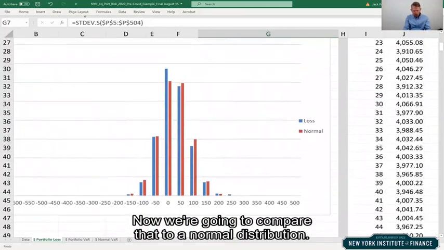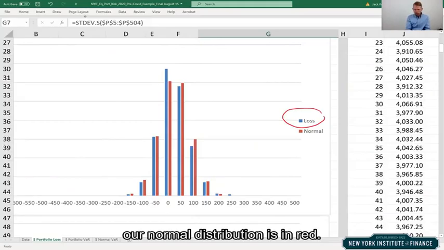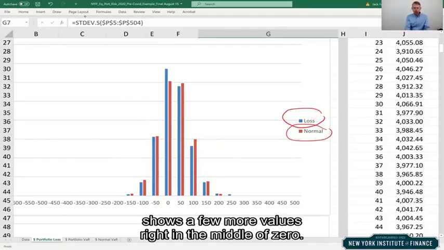And now we're going to actually compare that to a normal distribution. So just below that, our loss function is in blue and our normal distribution is in red. So what we see with our distribution is that our function shows a few more values right in the middle at 0.